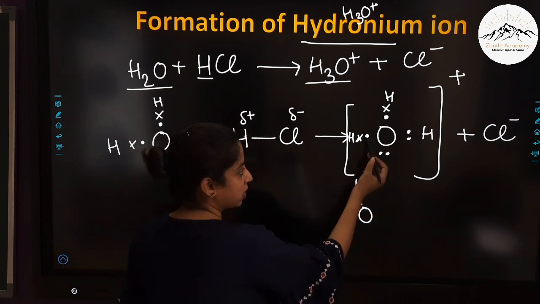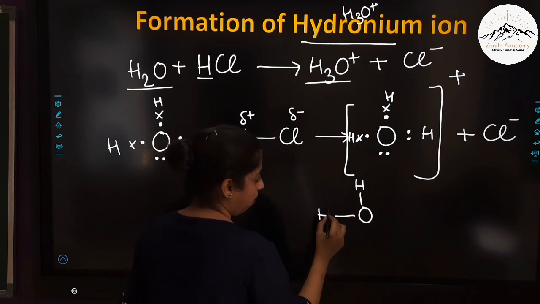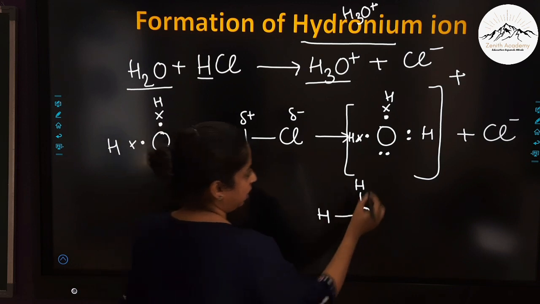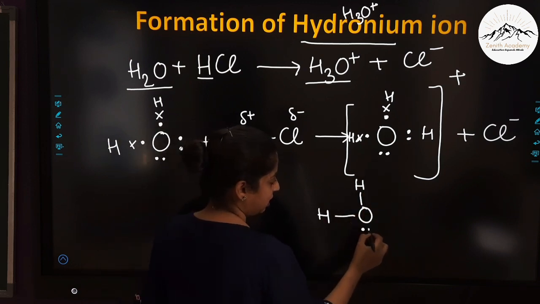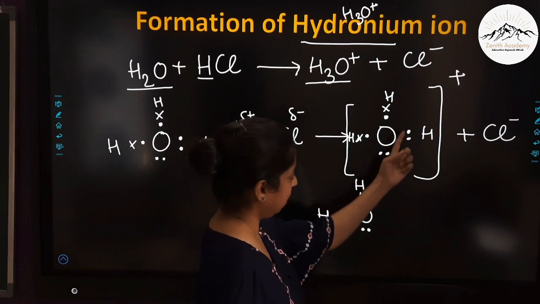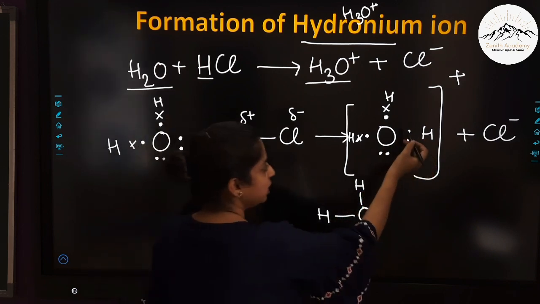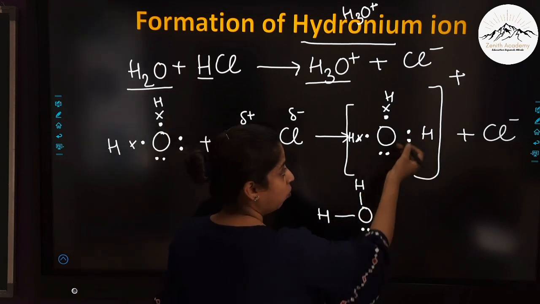Here also oxygen is given one electron, hydrogen is given one electron, so it forms a covalent bond here. This lone pair of electrons remains as it is, but now here you see that there are two electrons, so there is a bond between them, but these two electrons are given only by oxygen, so the oxygen is the donor.